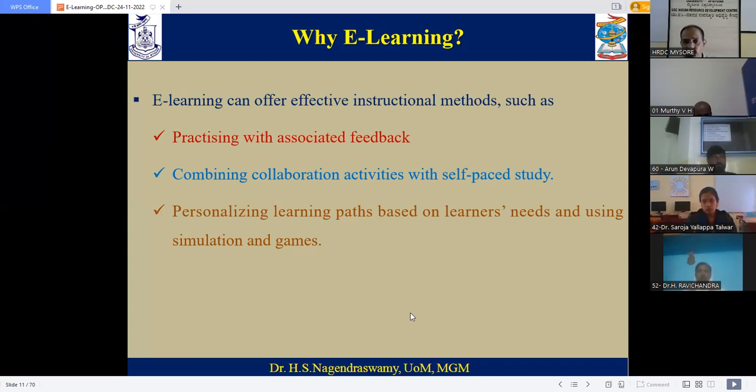For some students or some professionals, they cannot find much time to study because they are engaged in other work, right? They cannot spend more time on a full-time basis, but they can spend a part of their time in a day and learn things in a small incremental way. That is what is called self-paced study. So we can have a collaboration activity with self-paced study and we can learn incrementally, right?